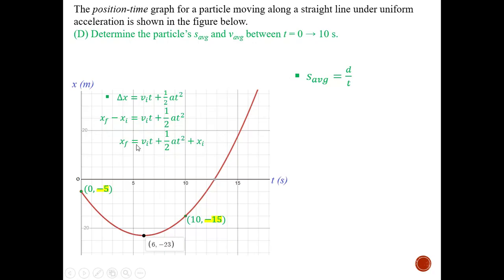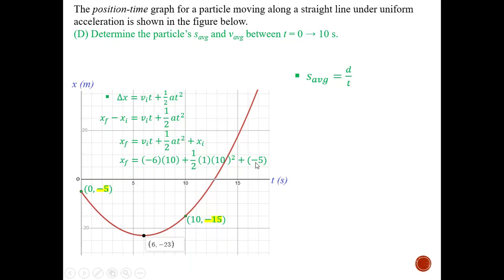So here, if you are clever, you can just plug all this into the calculator. v_i, which we already found, is -6. Don't get sloppy about sign; the initial velocity at 0 seconds is -6. The time is just 10 seconds because it says from 0 to 10. This is 1/2, that's part of the function, a is +1, and t is 10 squared.